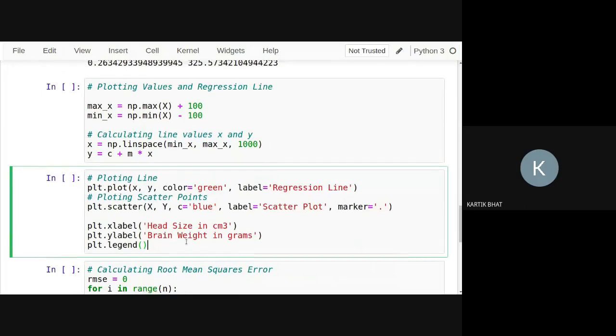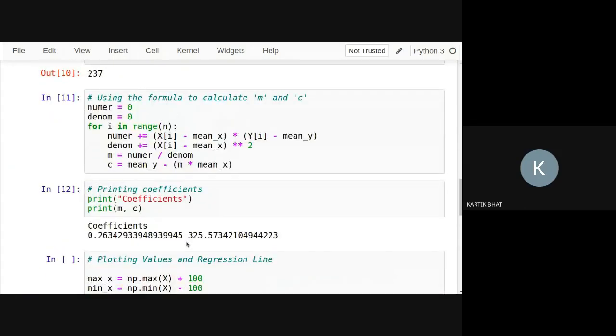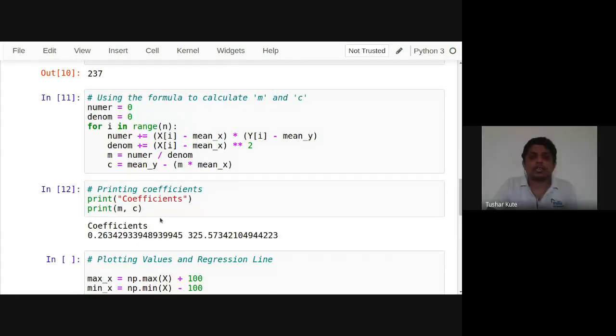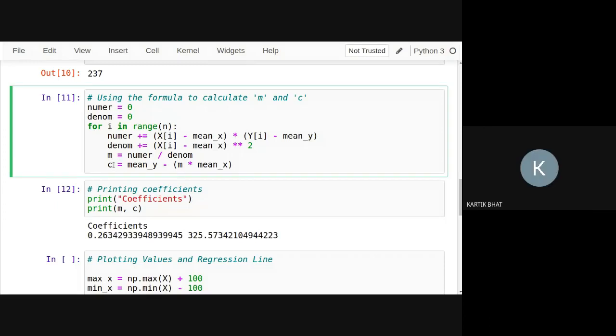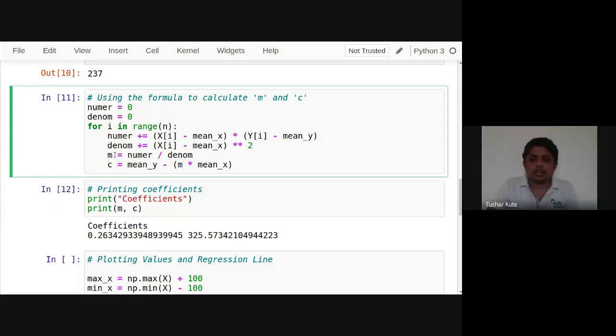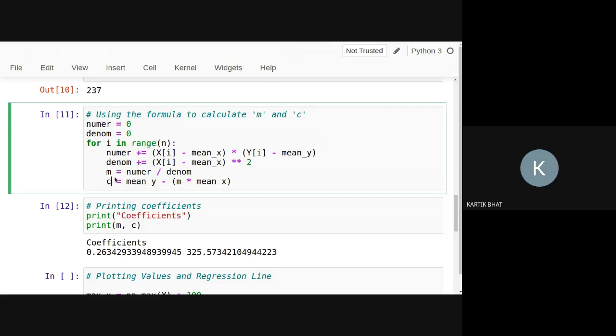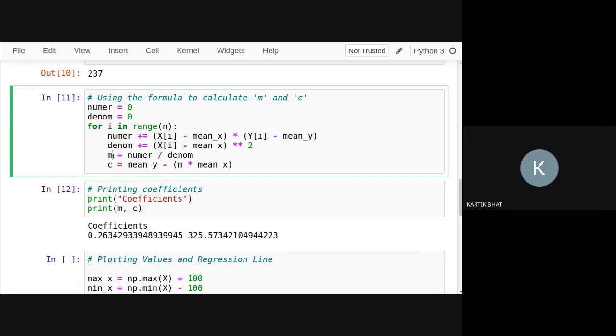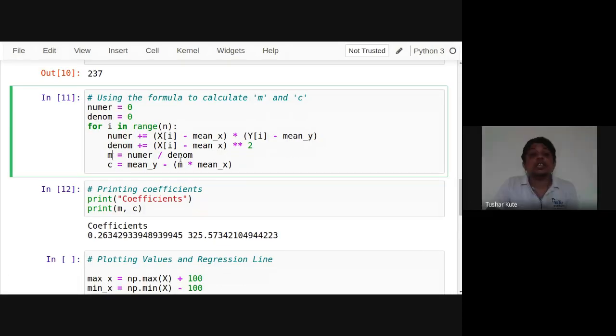Why do you have the m and c variable in the for loop? We could also keep them outside the for loop, no? Correct, exactly.